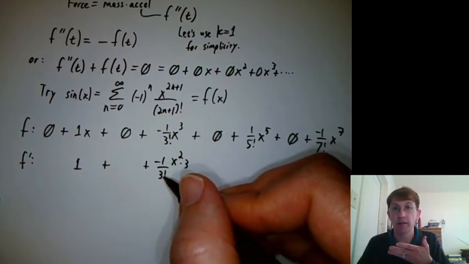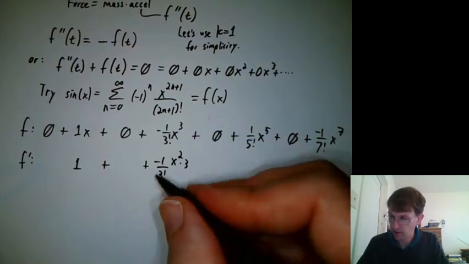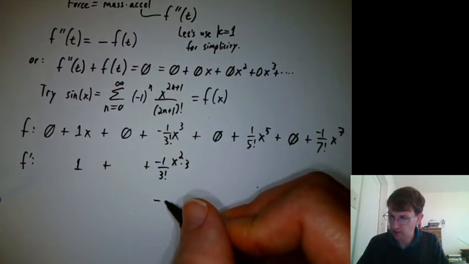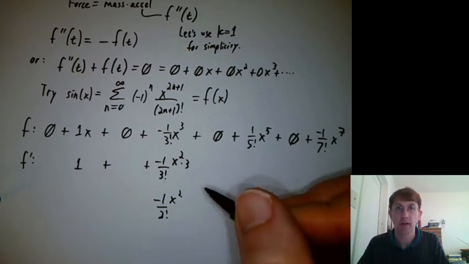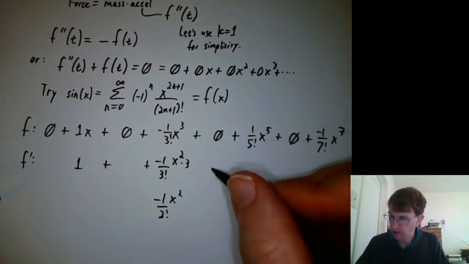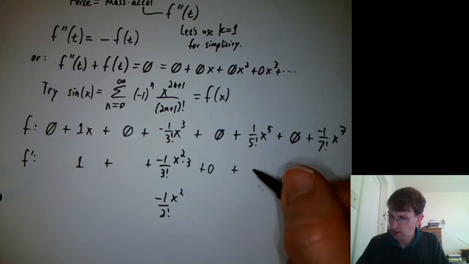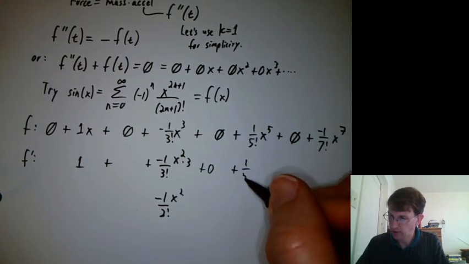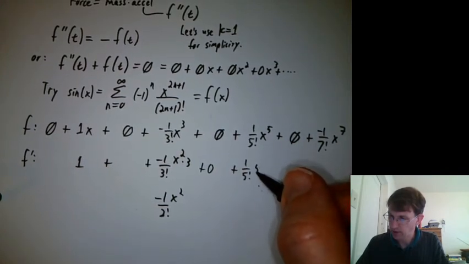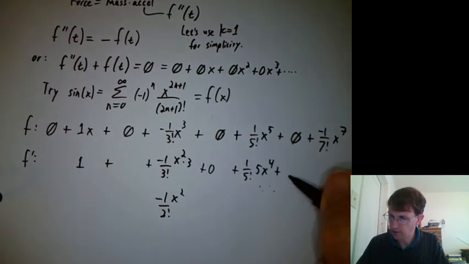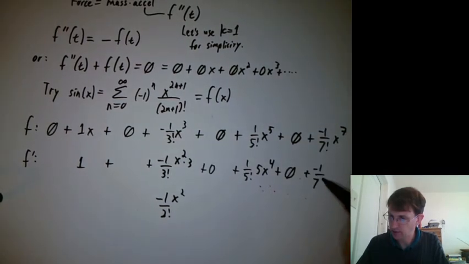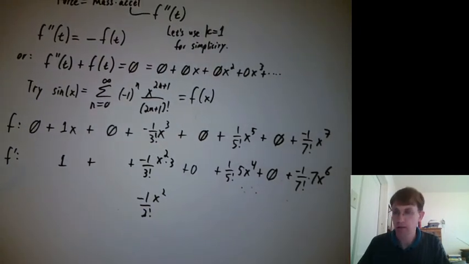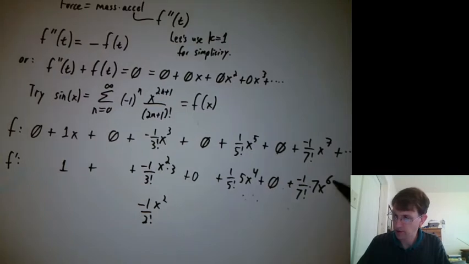One of those 3's is going to cancel the 3 here. So we'll just get a negative 1x squared over 2 factorial. And then plus 0. Here we'll get 1 over 5 factorial, 5x to the 4th. Here we'll get negative 1 over 7 factorial, 7x to the 6th, plus dot dot dot.